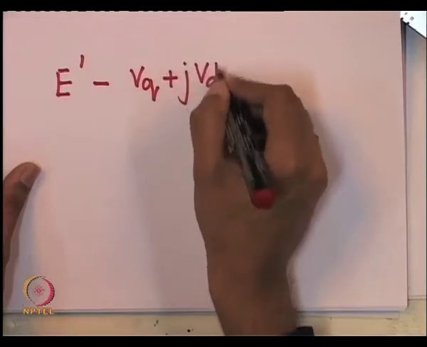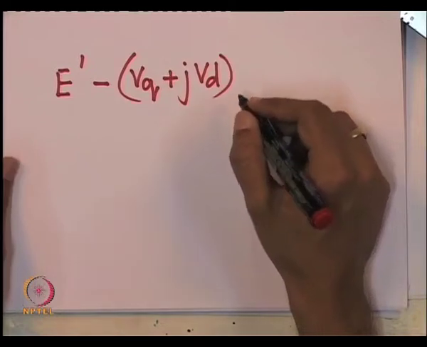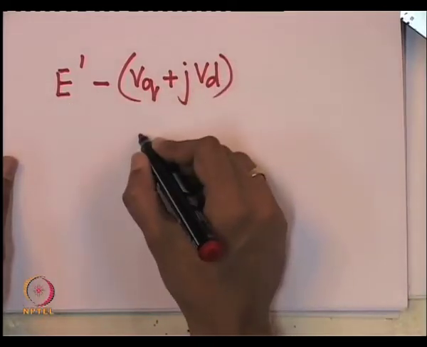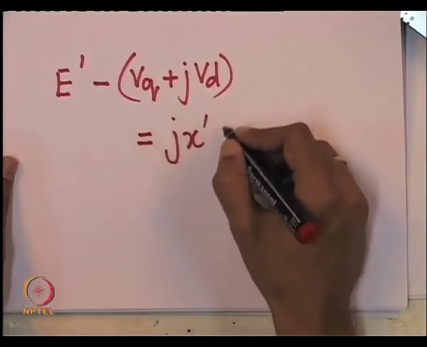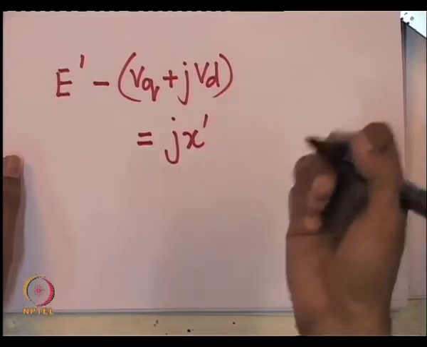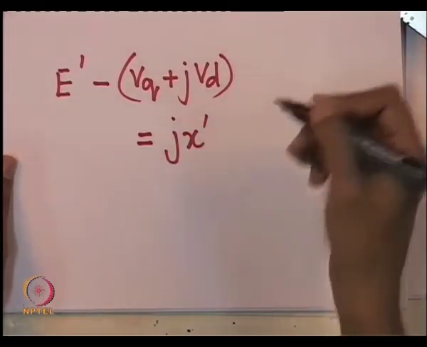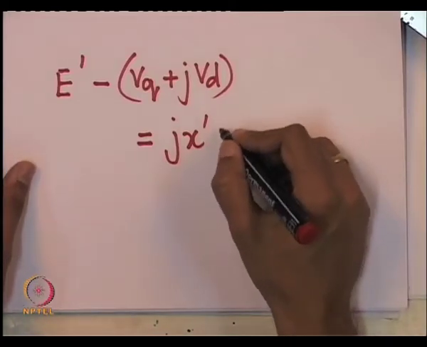This is just multiplying the second equation by the complex number j. E dash minus this is equal to j x dash, which is nothing but x d dash. We need not apply the subscript any longer because we have equated the d and q axes completely.